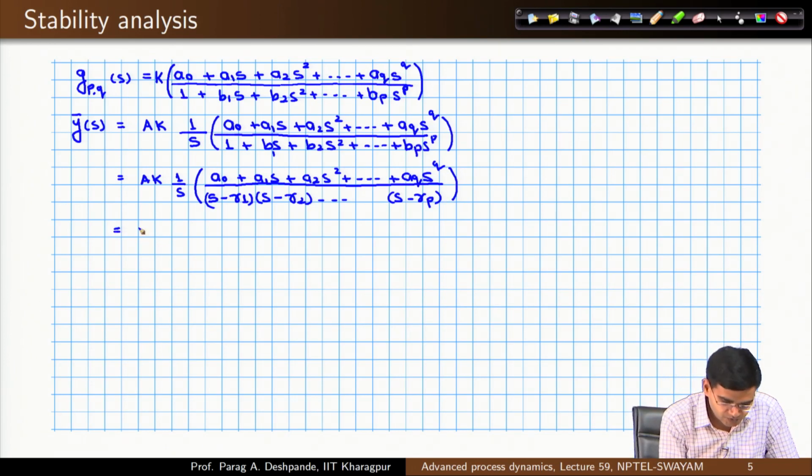I hope you would agree that the final partial fraction would look like this: C 0 upon s plus C 1 upon s minus r 1 plus C 2 upon s minus r 2 up to plus C p upon s minus r p.